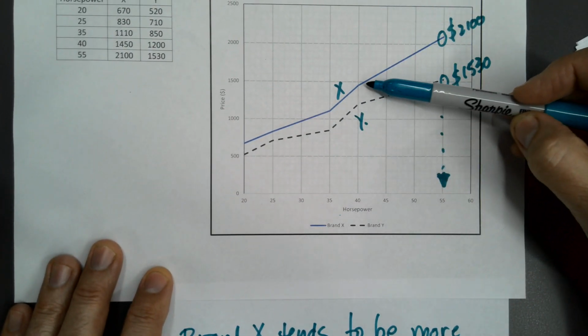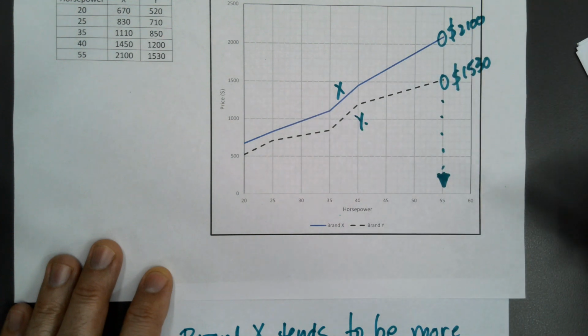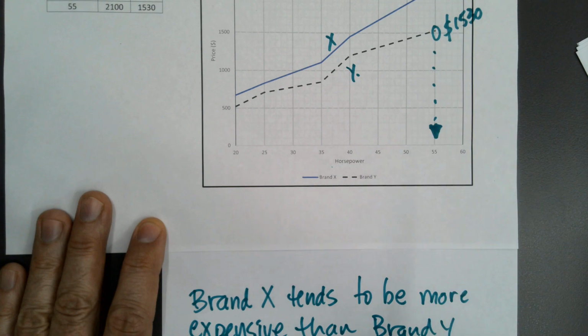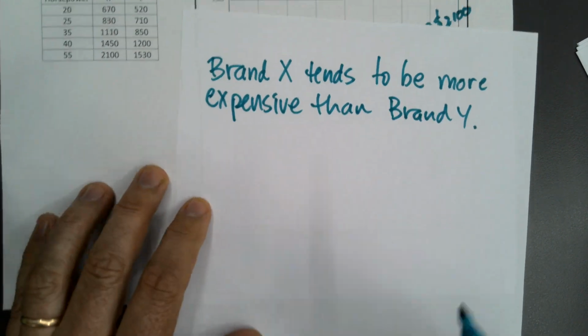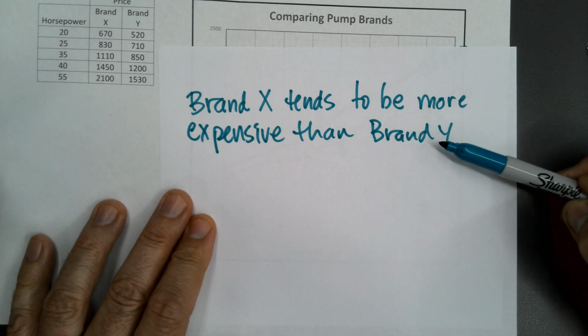Clearly, this is above that one, so that one's more expensive. That's the general trend. Now, if all you do is those kinds of statements, you're not going to get too many marks. That's just a general statement.